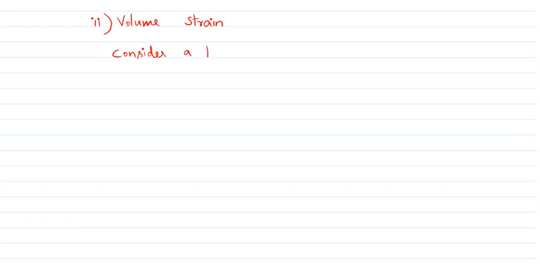a body of volume V. So this volume will be the original volume of the body. So I just give the letter capital V, and when we apply some force or some pressure on that body, it will be compressed by an amount, or there will be some change.